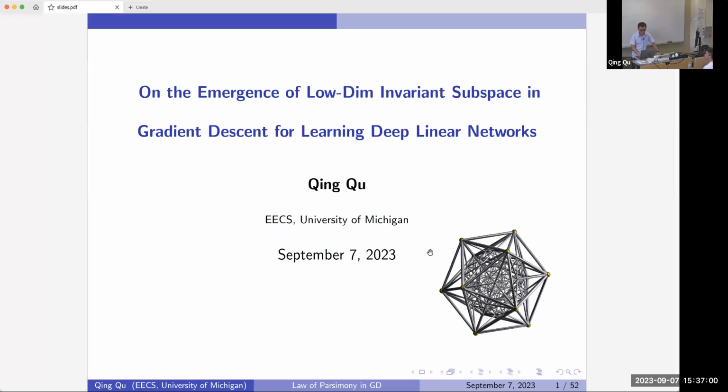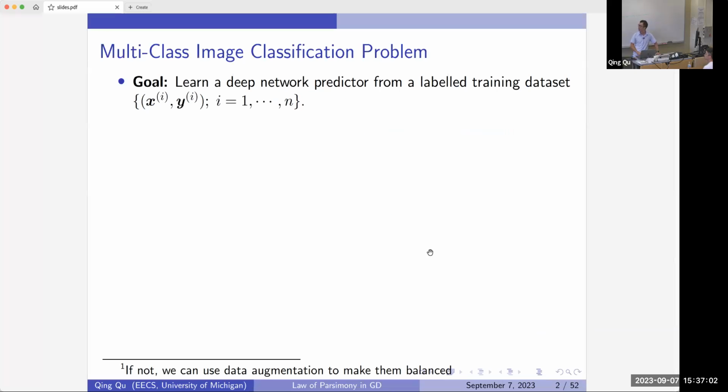To start this talk, I want to begin with a multi-class classification problem. We all know that deep learning has been very successful in the past decade, but we want to look deeper to understand what is going on. Here we take the example of multi-class classification in the supervised setting.